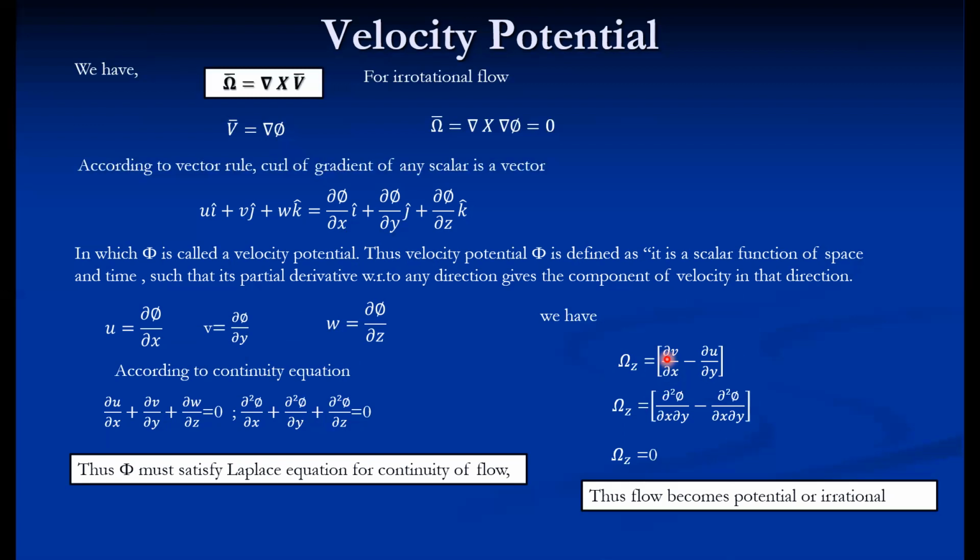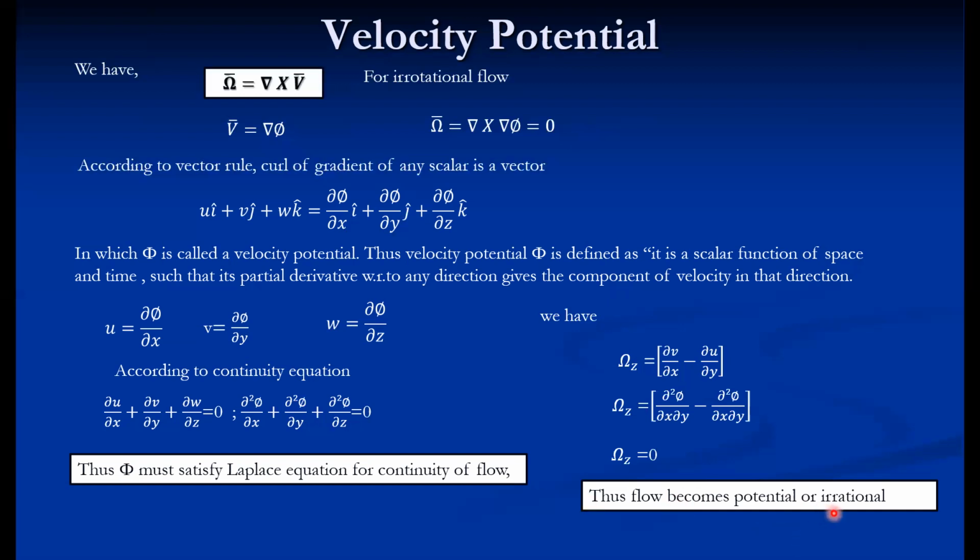If the velocity potential exists, the flow is irrotational. And if it satisfies the Laplace equation, then the flow is possible. And if it doesn't satisfy the Laplace equation, in that case, it is an incorrect form of velocity potential. In order to make the flow possible, the question arises whether it is irrotational.